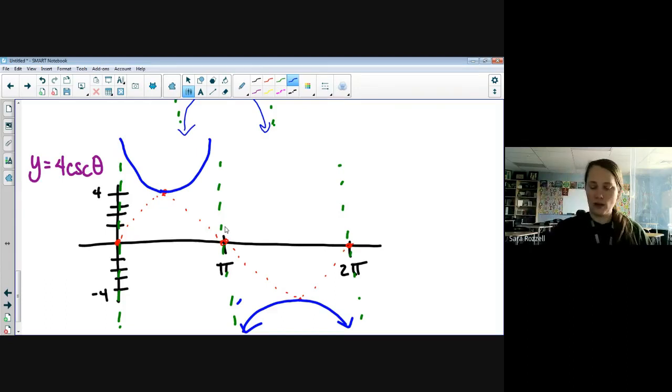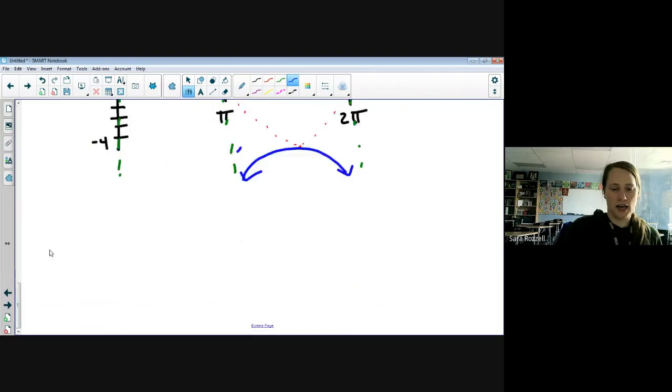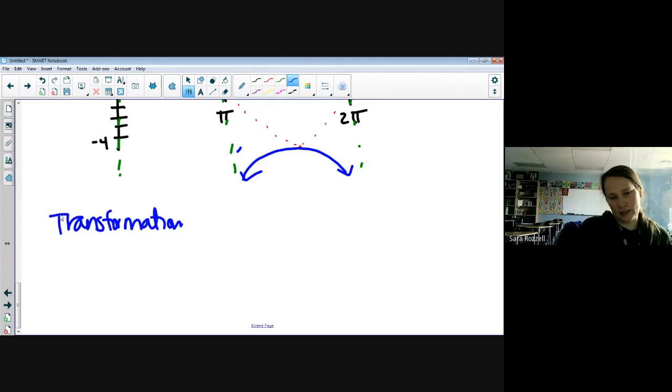All right, so just a reminder with transformations, you don't really need it, but I'll write it down just in case. It's the same thing we did last time.